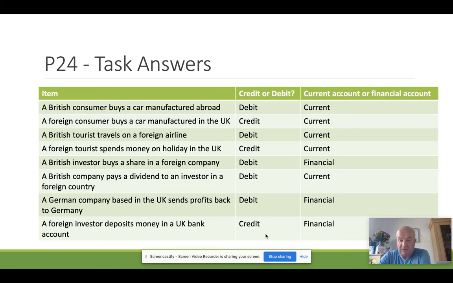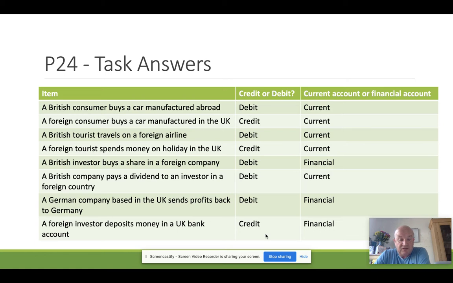So that's going to be a debit from our current account, because essentially we have bought a good with our sterling, and in order to do that we've had to swap our sterling into the currency of the country where the car was manufactured, and in that instance it's a debit transaction on the current account.